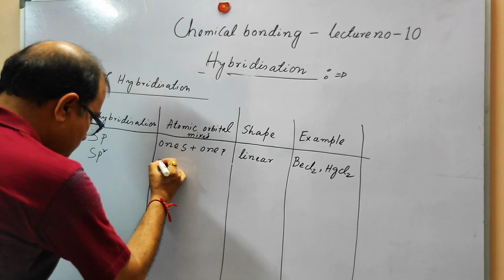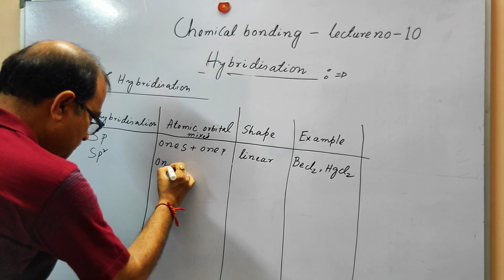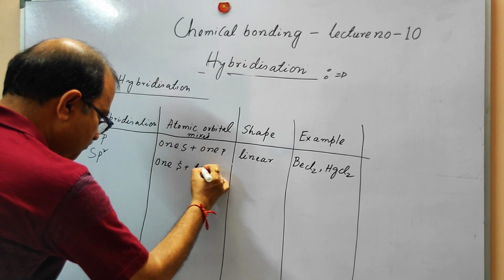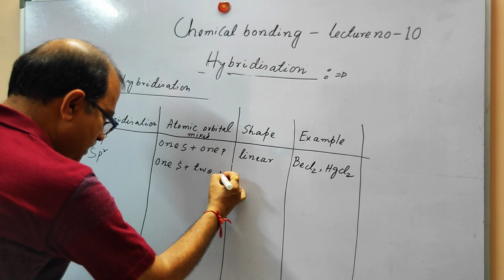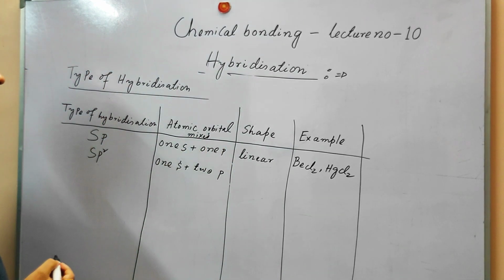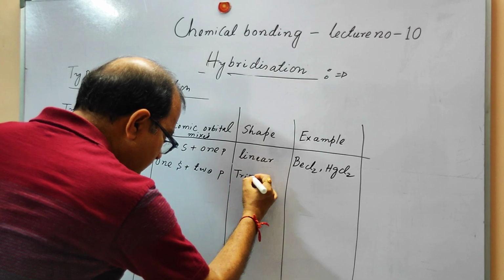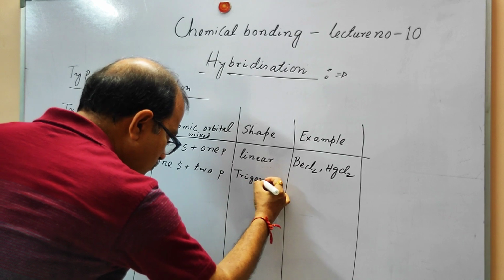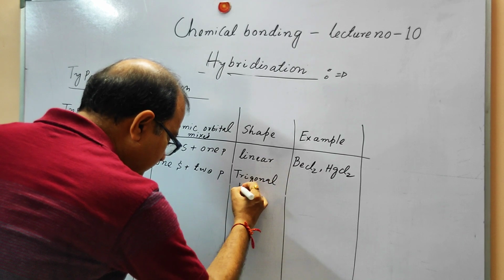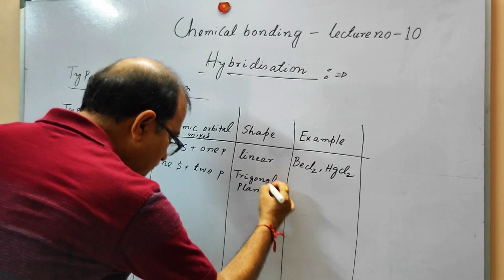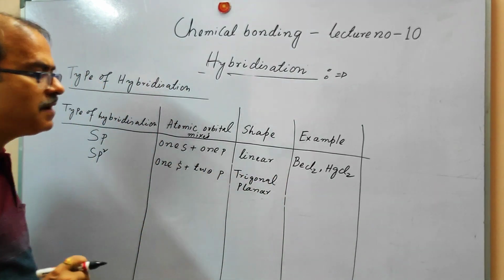Then sp2 hybridization. sp2 hybridization means 1s and 2p orbitals. In this case, the shape of the molecule will be trigonal planar. Why is it trigonal planar?